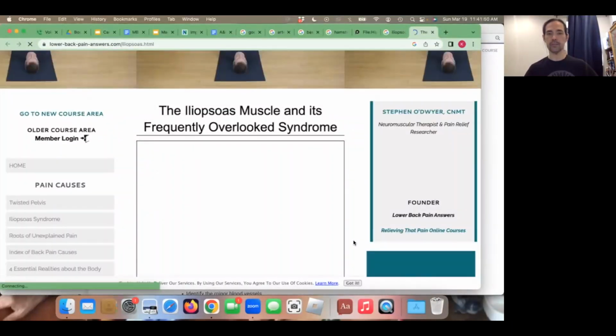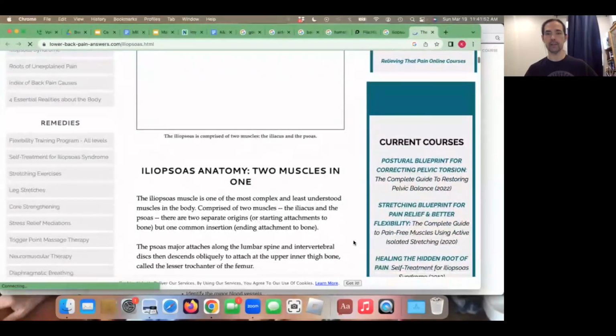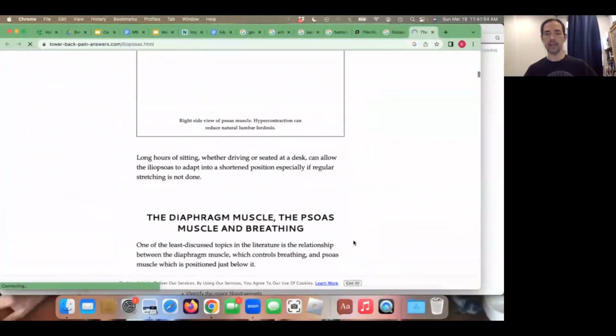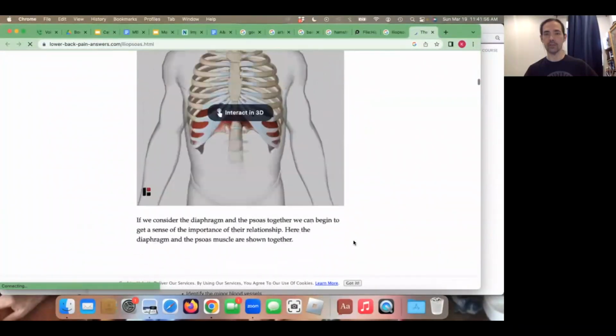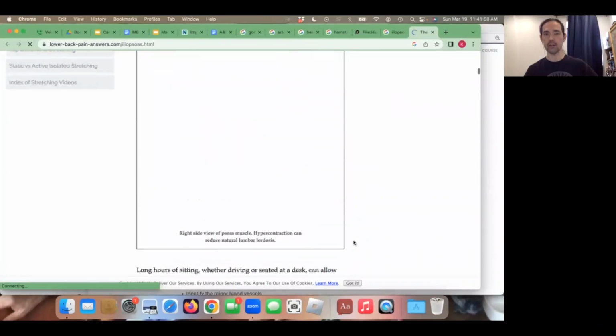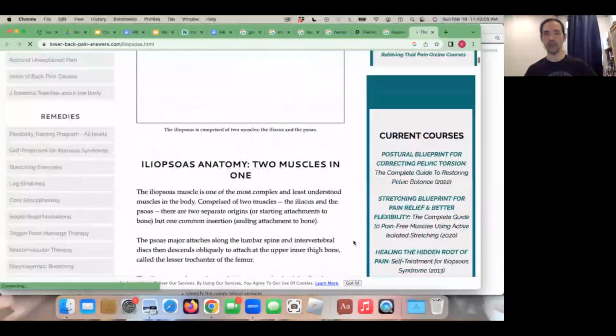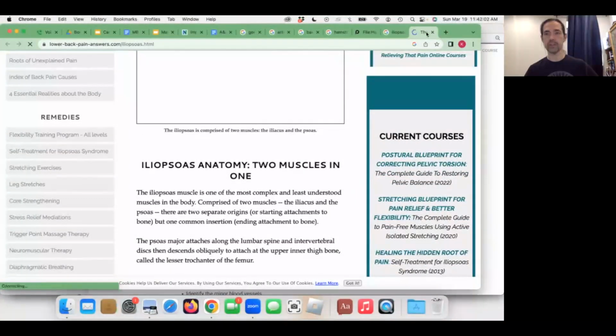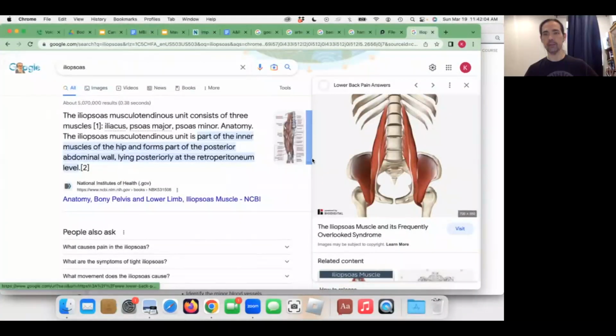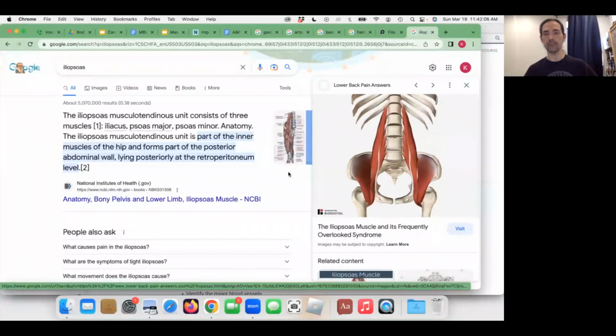If someone has hip flexor pain or lower back pain that is on one side of the spine, going the whole length of the lumbar spine, for example from L1 to L5, and hip flexor pain on one side, it's likely the psoas muscle. It's very likely the psoas muscle.